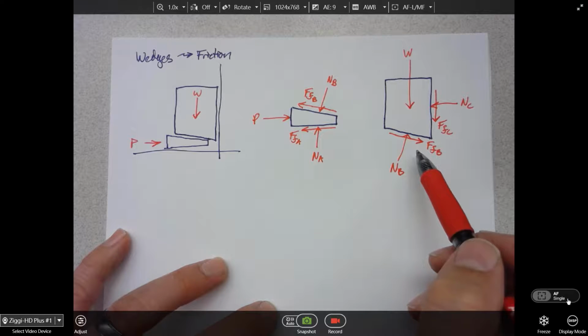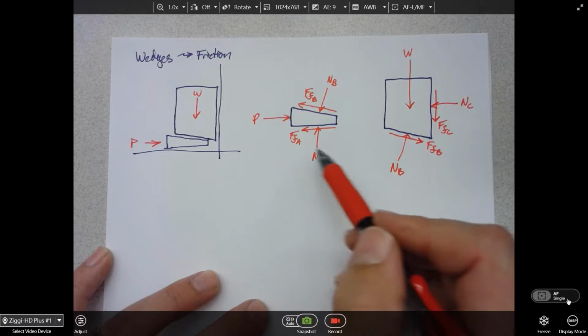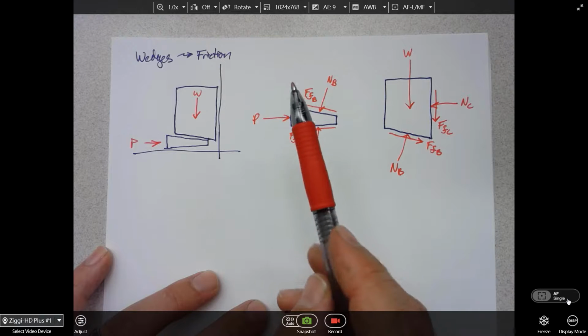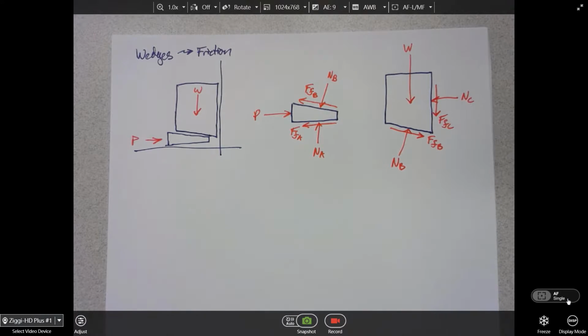So we know that the force of friction is going to be mu static times normal. We also could have a problem where we're asked something different, but let's just do problems like that to start with.